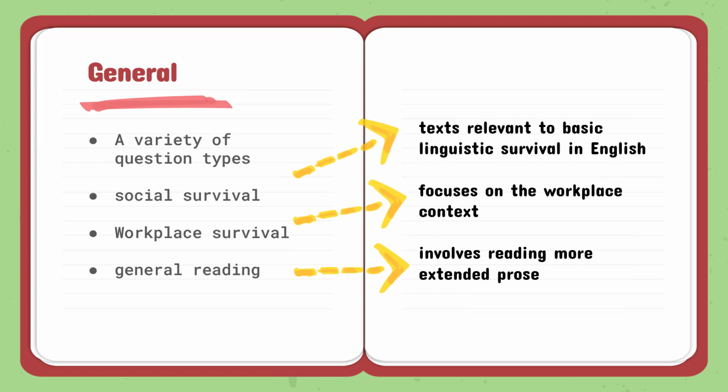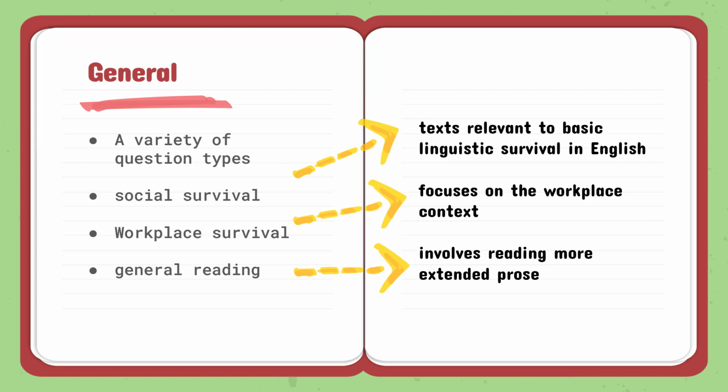The general test has a variety of question types. It is mostly about social survival, how you can read text relevant to basic and general ideas, everyday ideas in English.